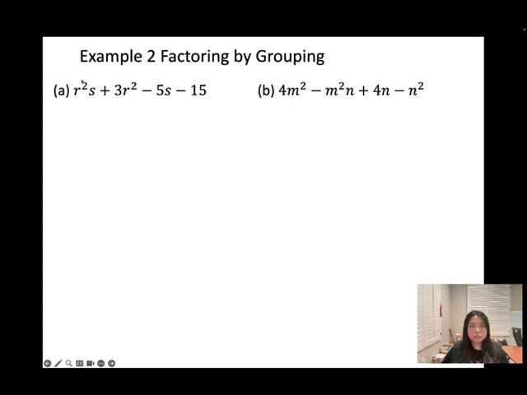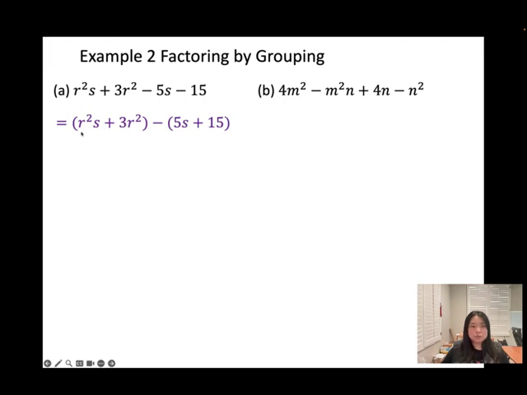Okay, so here, before I factor the first 2 terms and the last 2 terms, I could factor out the negative first. I just factor out the negative. When I distribute back, it's negative 5s minus 15.